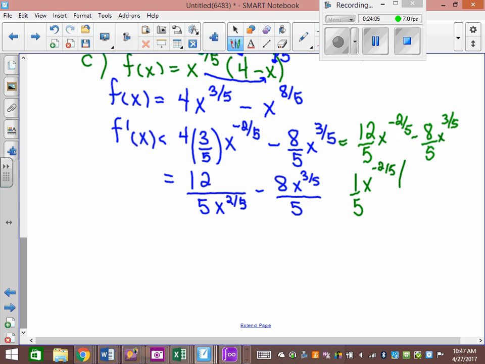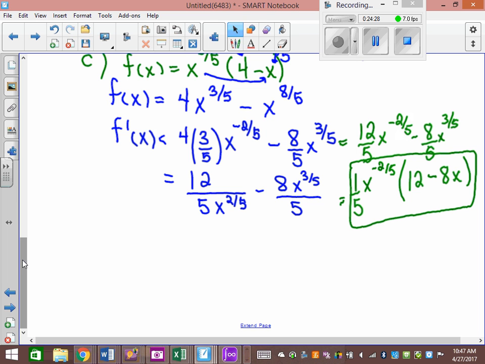And then you're going to be left with 12 minus 8x. Correct? So there's your one way that you can have an answer by taking the negative out, which is what I pushed extremely hard in derivatives. So if you went that way, that's good.